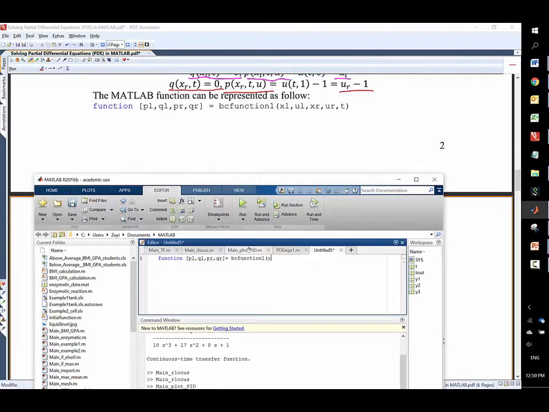Put 1 here because this is example 1. You could change the name, but be careful: if you change the name, you use the same name when you use the PDE solver.